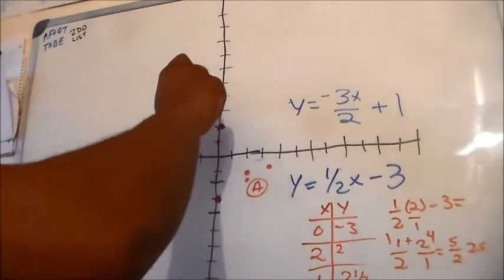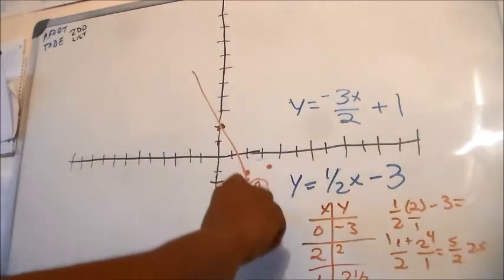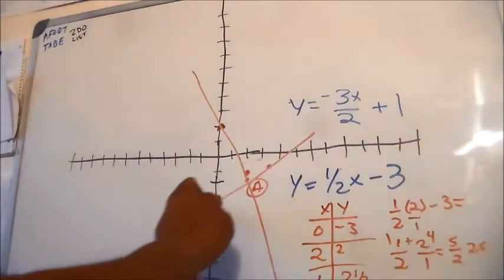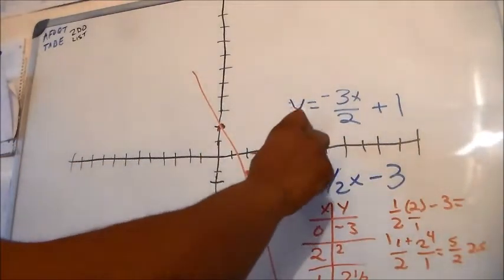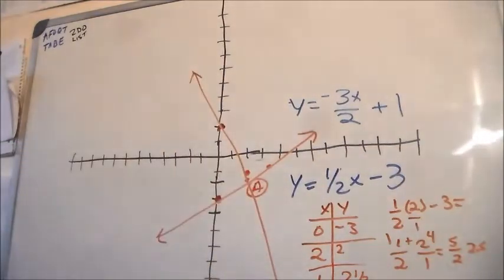Our dots are a little bit off. That's why the best way to do this is with graph paper. Okay, so we actually wind up crossing at 2, -2.